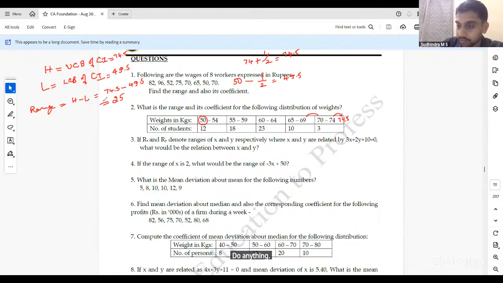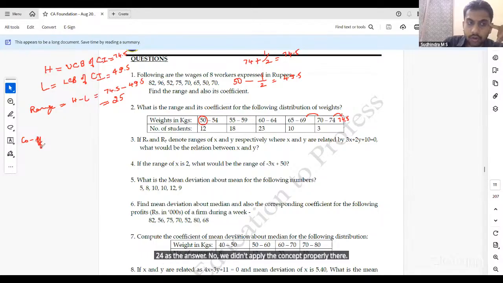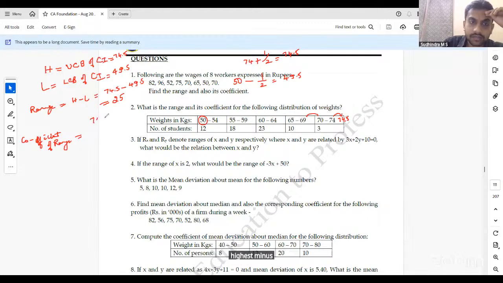25, not 24. Few of us had got 24 as the answer; we didn't apply the concept properly there. Then the coefficient is easy. Coefficient of range is highest minus lowest, that is 74.5 minus 49.5, divided by highest plus lowest, into 100.